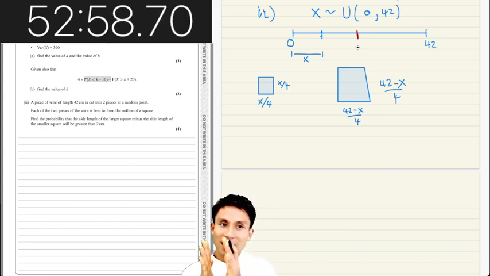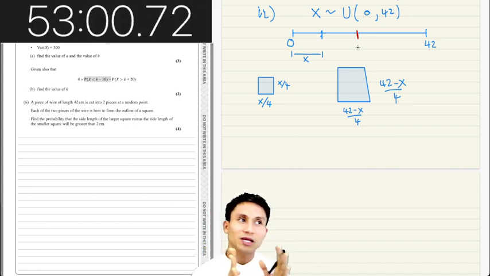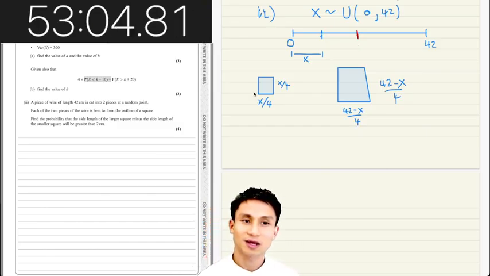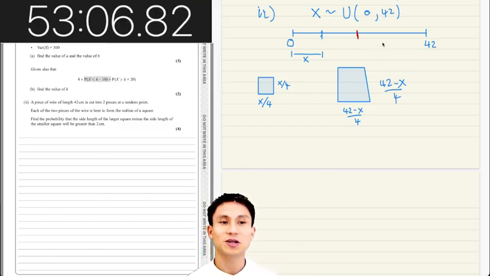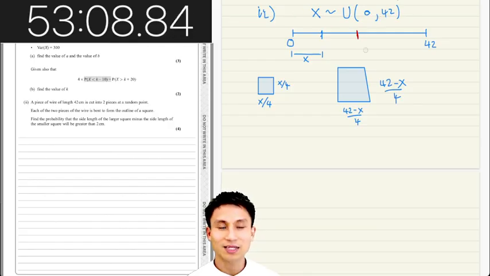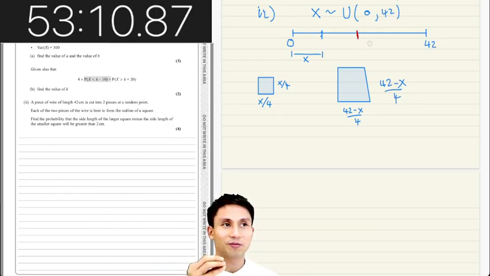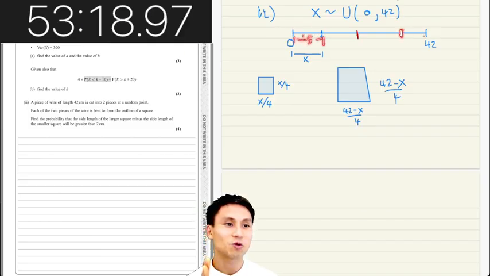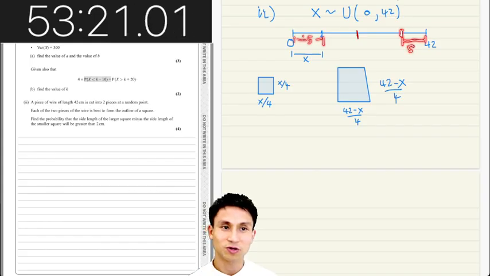So you only care about 0 to 21. It's like multiplying each case by 2, because cutting somewhere, let's say 5 from the left, is the same as cutting 5 from the right.